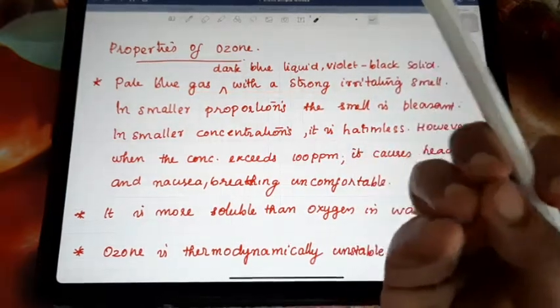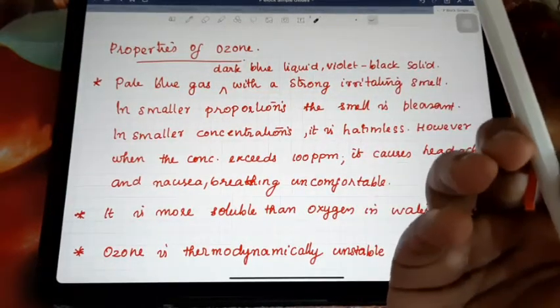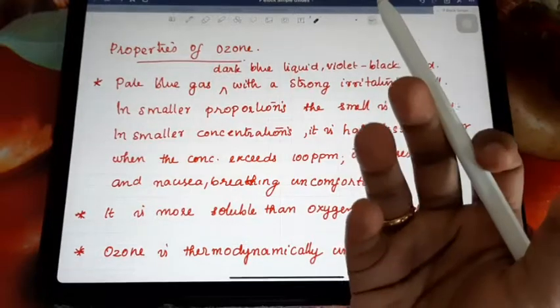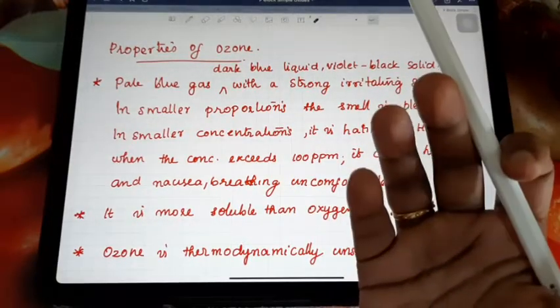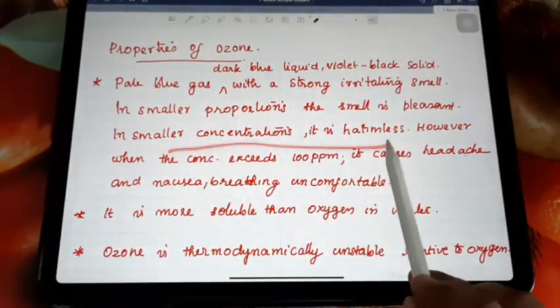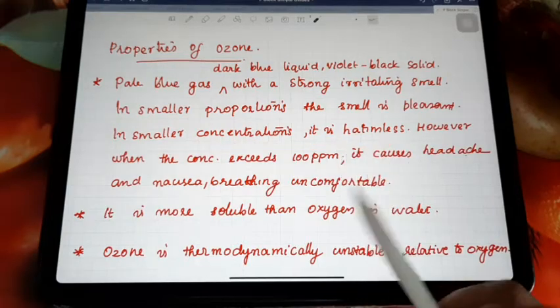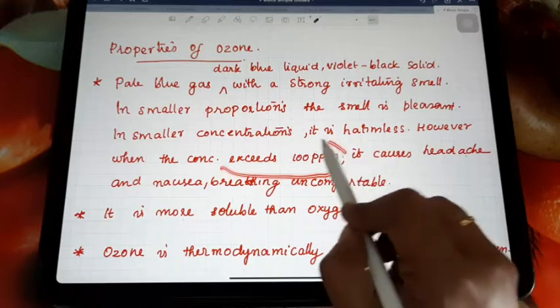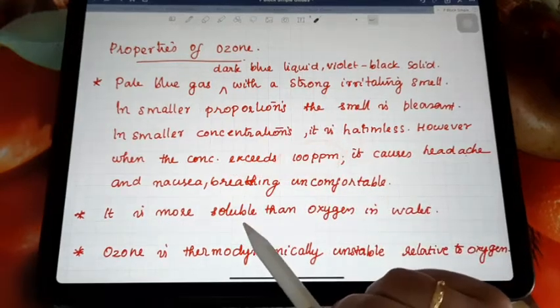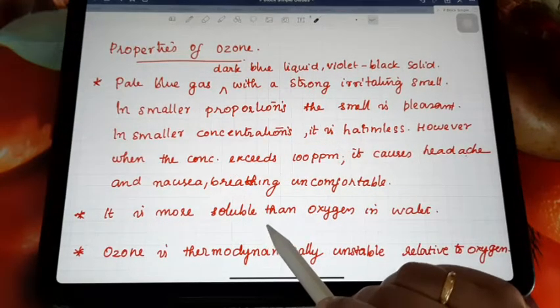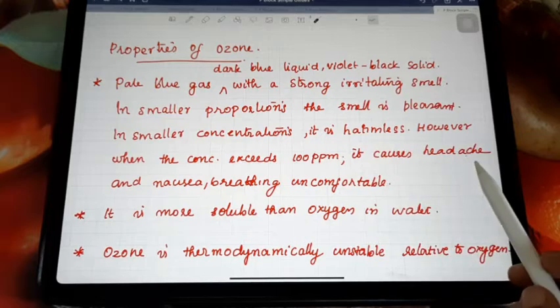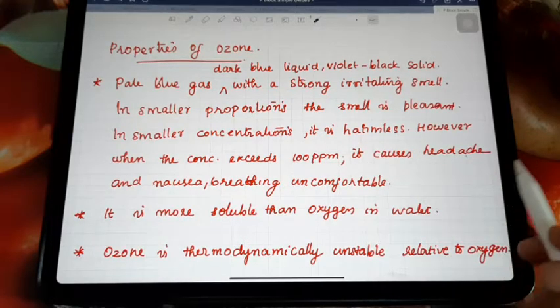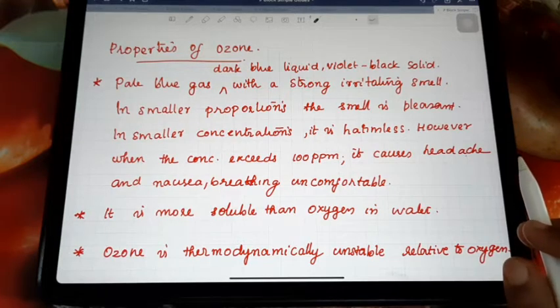In smaller proportions its smell is pleasant, and in smaller concentration it is harmless. But when the concentration exceeds 100 ppm, parts per million, it causes breathing difficulty, headache and nausea.